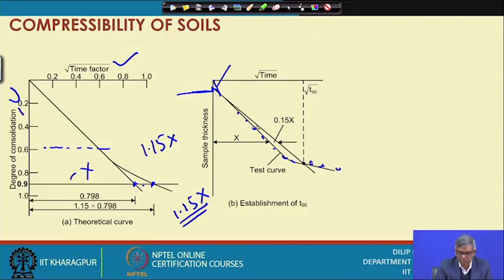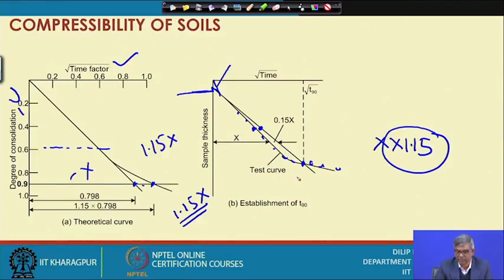So, we can take 1 or 2 points from here. Suppose this is 1 and we read value x, you multiply by 1.15 and establish a point here, then join this to this and extend it. Then after extending, it will intersect the original curve somewhere here.